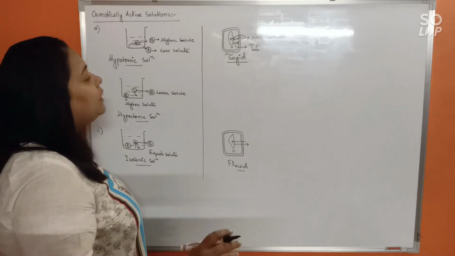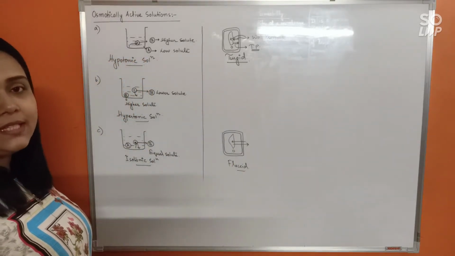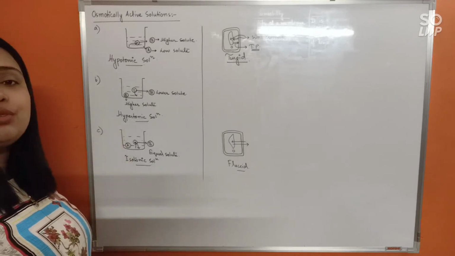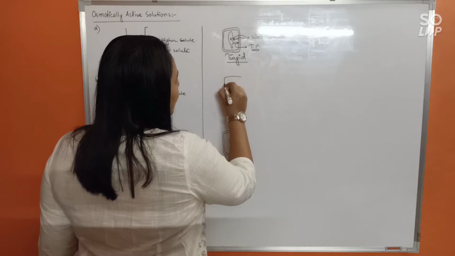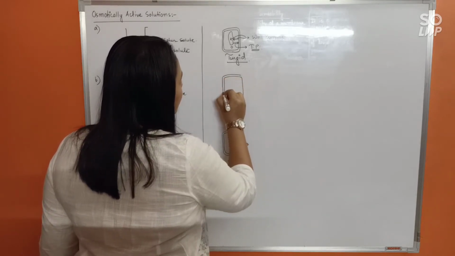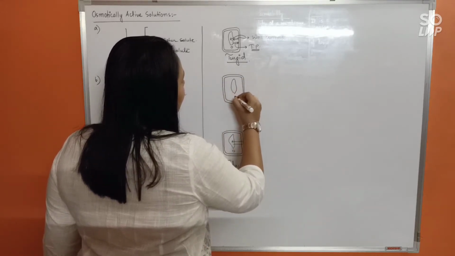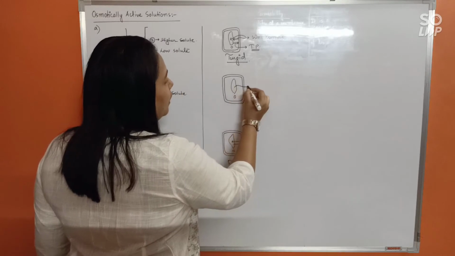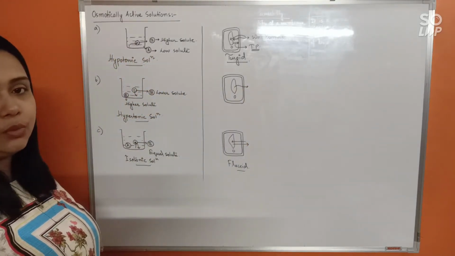Fine. Now for the main part, that is what would happen if a plant cell is introduced in a hypertonic solution. See, in case the plant cell is introduced in a hypertonic solution, at first, water from the sap vacuole will start to run out.